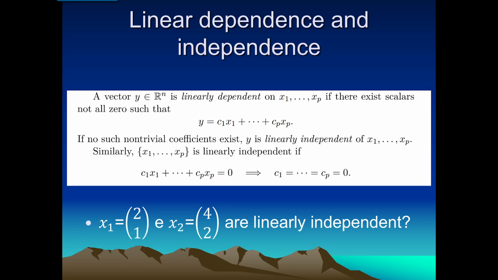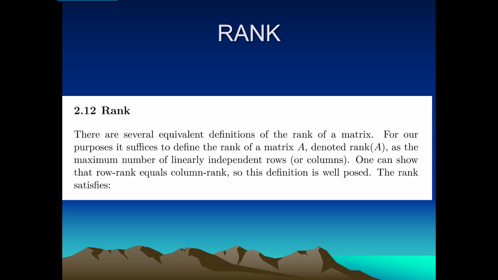Right. So these vectors are linearly dependent. And in fact, one is double the other. They are dependent. And the rank is the maximum number of rows or columns that are linearly independent.